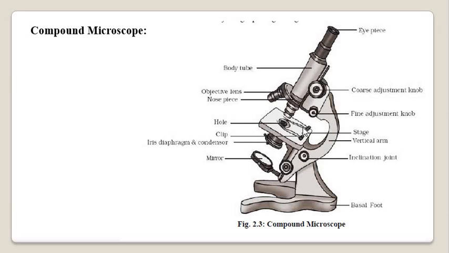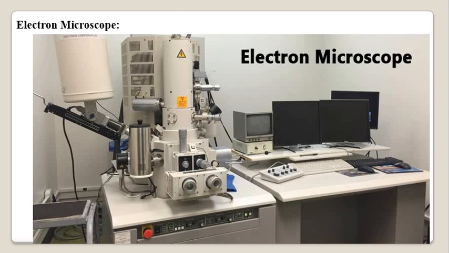The light beam falling on the object through the condenser and diaphragm illuminates the object, and the light rays then enter the objective, are directed to the body tube, and through the eyepiece fall on the eye of the observer, where the image is formed on the retina. So, this is the compound microscope.